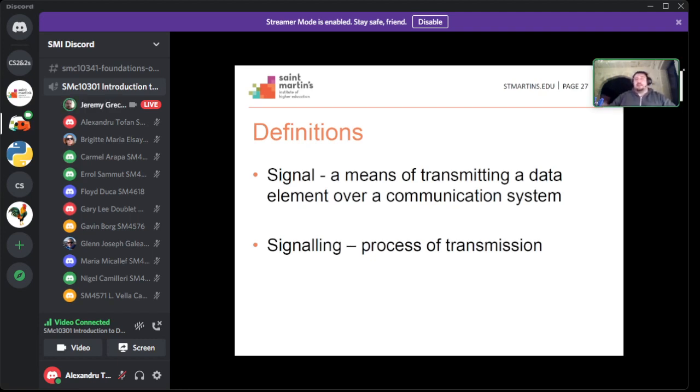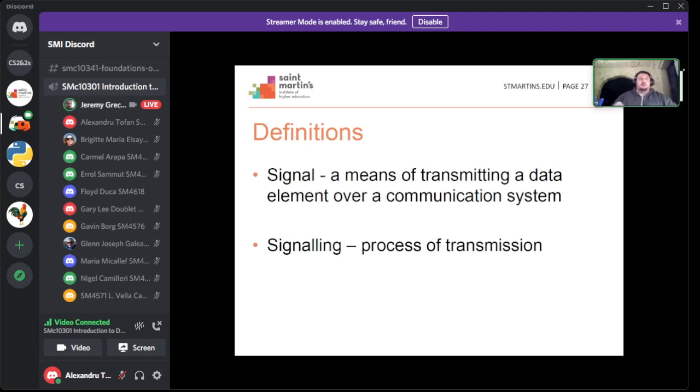Now, signaling, on the other hand, is the process at which you are actually transmitting. So, for instance, the way that a wireless router would work is going to be obviously completely different from the way that a satellite dish would work, or a different way to how a wired network would work.